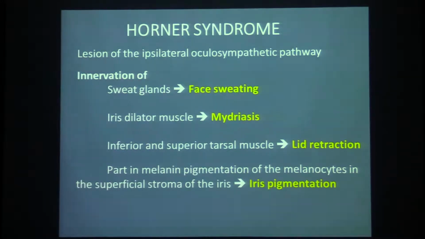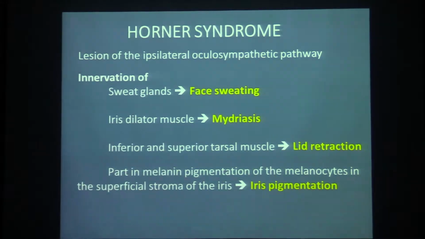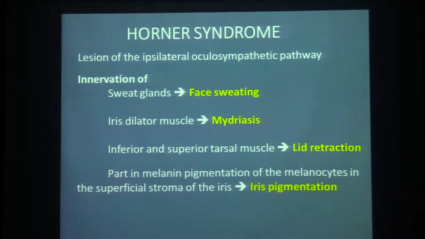The inferior and superior tarsal muscles mean that it has a very big part in lid retraction. It also has a part in melanin pigmentation of the melanocytes in the superficial stroma of the iris, so it has a part in iris pigmentation.